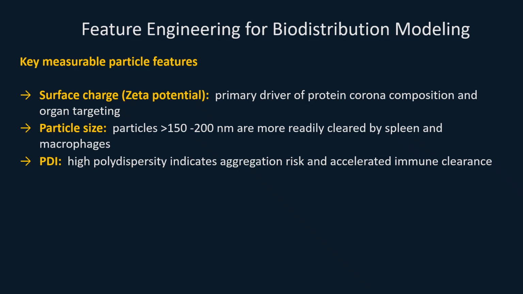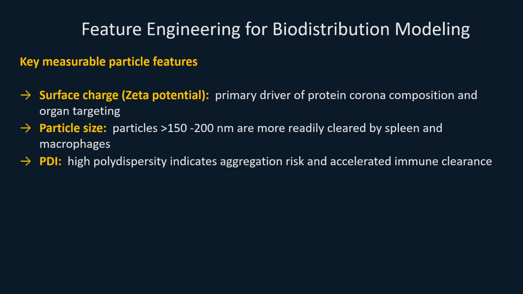Some features only matter through their interactions. The pKa of the ionizable lipid doesn't determine charge on its own. It's the combination of pKa and physiological pH that sets the effective charge of the particle in the blood.